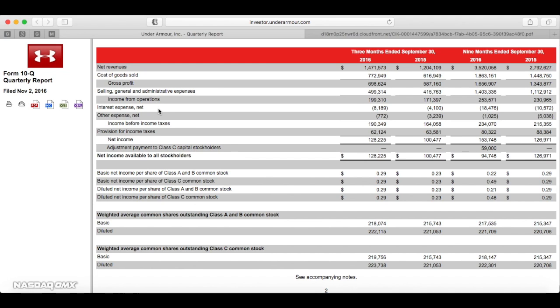They might break this out a little bit more in the future. But it is interesting that they consolidate it all here on one line. So we can see this is a huge number right here. Under Armour's $698 million worth of profit off $1.4 billion worth of revenue really looked great until, oh, wait, we had to include selling, general, and administration expenses, which is almost $500 million.